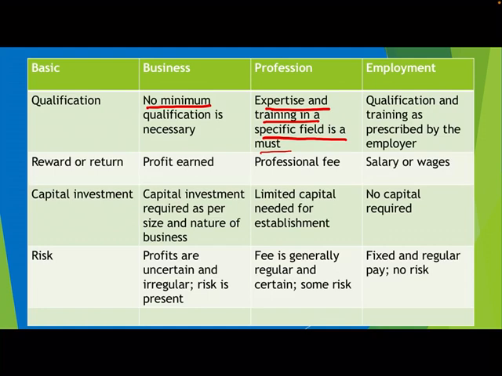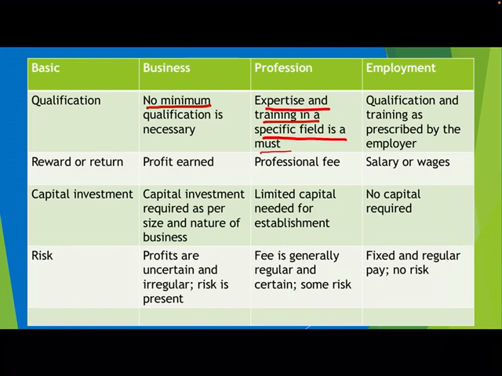If you want to become a doctor, you need to get your MBBS degree, MD degree, or such equivalent degrees. Okay, and if you want to become a lawyer, you need to do your degree of law, LLB, or such other equivalent degrees in that particular field. As well as training is also equally required for becoming a particular professional.